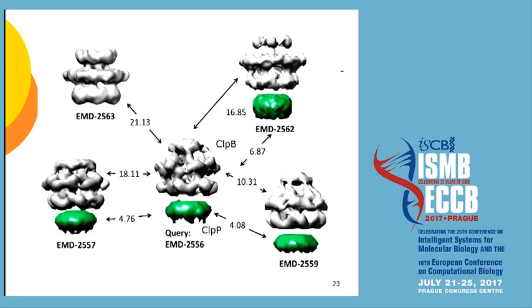So similarly, visually different shapes of structures can be quantified by numbers. So I can, for example, compute and do clustering or draw a dendrogram to visualize the structural similarity of EM maps.